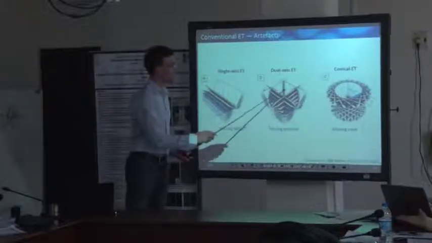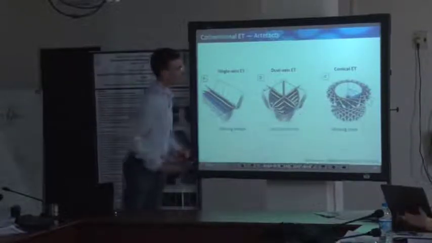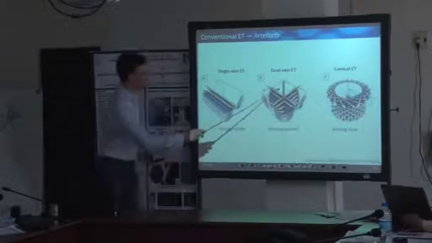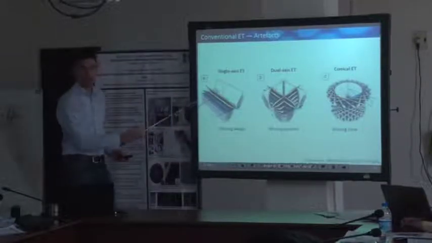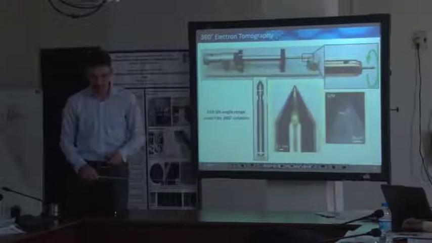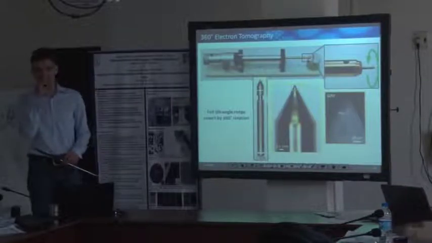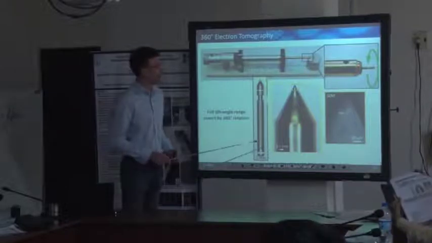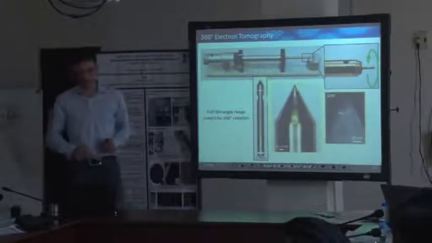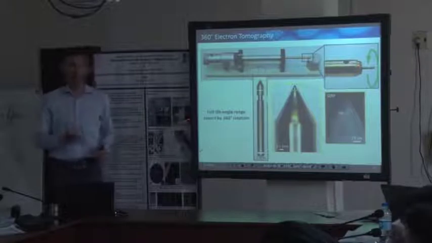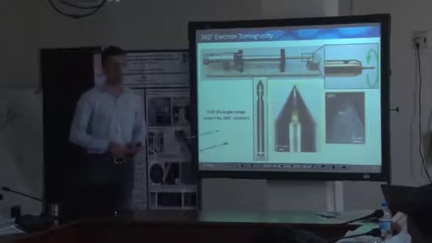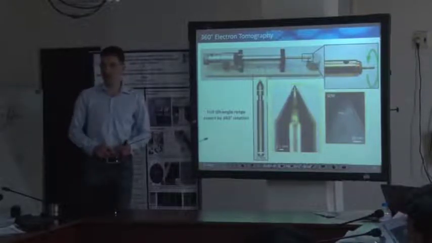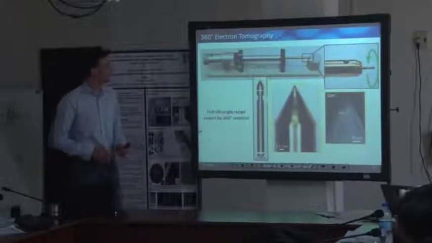You might even reduce that further, but in principle, this is already pretty good compared to single axis tomography. But now let's come to this 360 degree tomography holder. I would say it's not necessarily easier, but the data quality for quantitative analysis is quite a bit better.